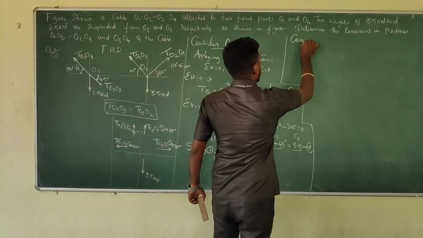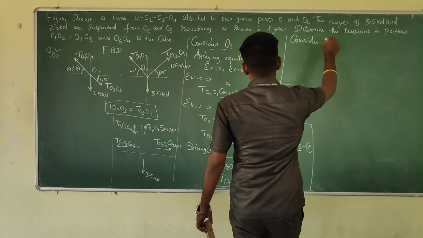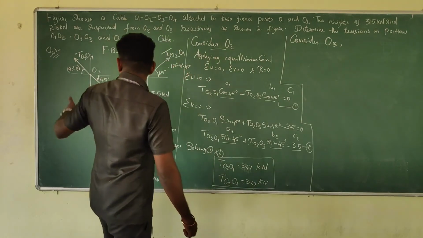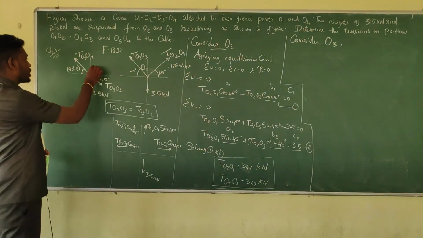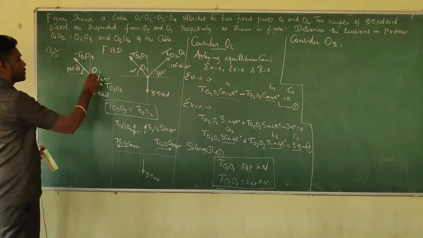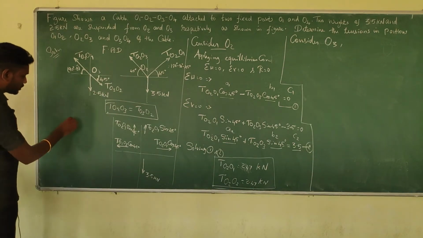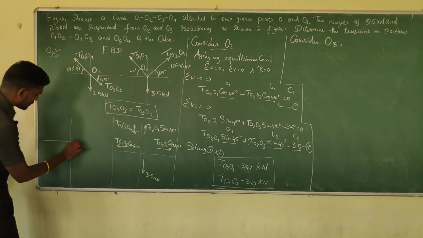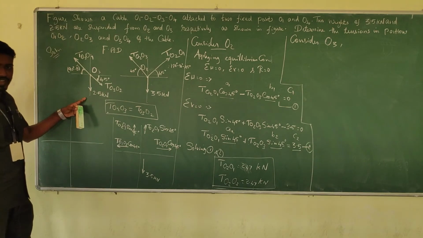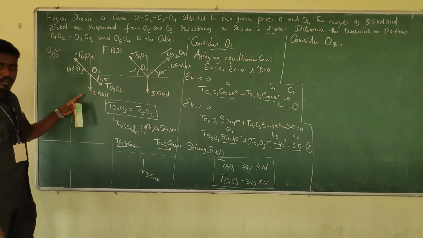I'm going to consider the joint O3. Here is the diagram for joint O3; this was for joint O2. I'm going to draw the cross lines in order to specify the resolution of force, to identify the force components.